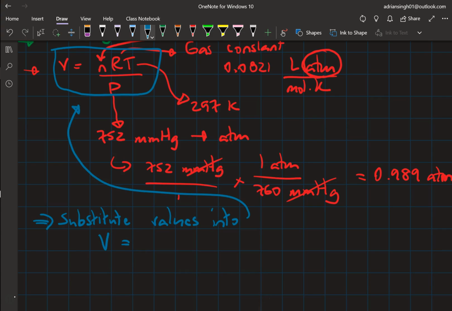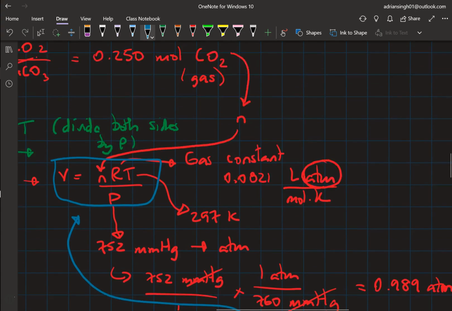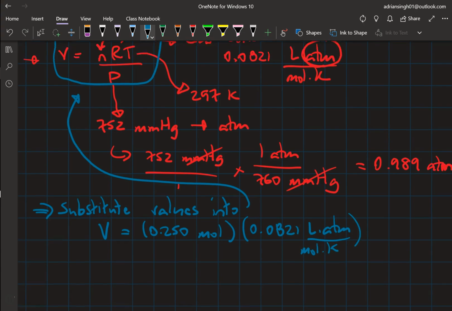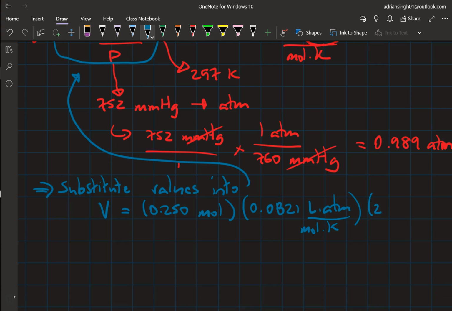Our volume is equal to n, our number of moles, which we calculated as 0.250, times the ideal gas constant, 0.0821 liter atmosphere per mole Kelvin, times the temperature, 297 Kelvin, divided by the pressure, which we just calculated as 0.989 atmospheres.